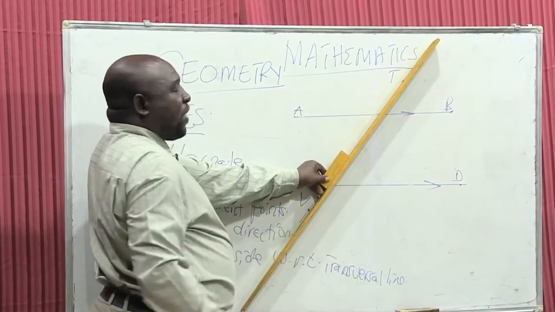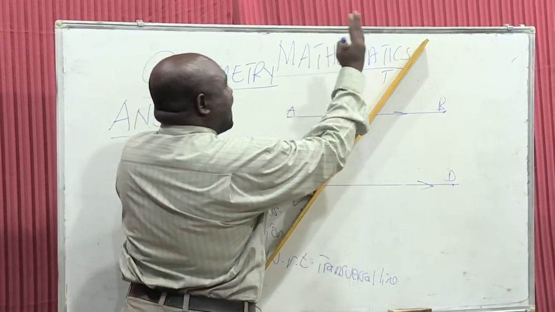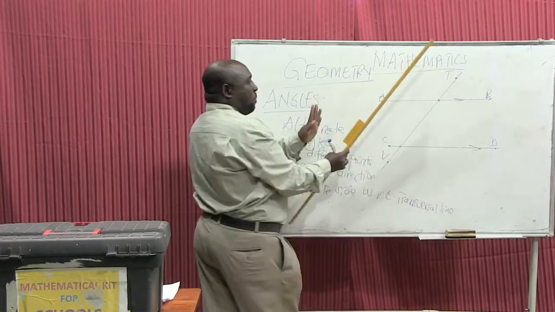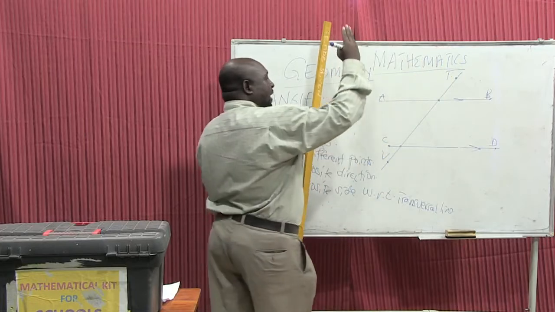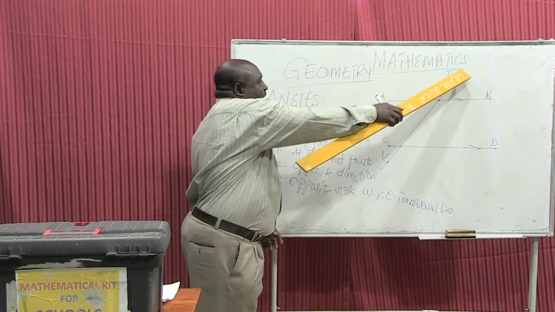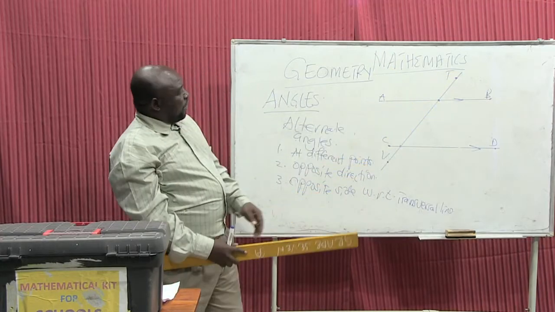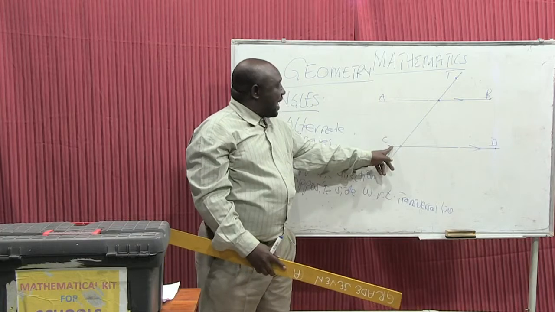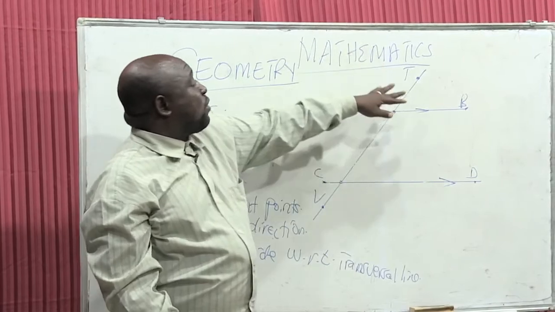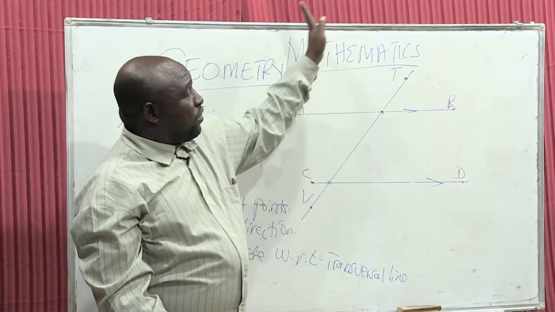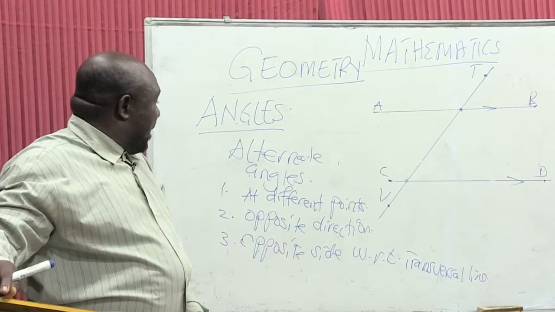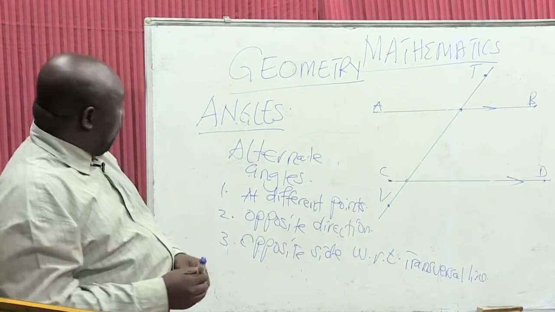So one angle is on that side, another is on this particular side. So opposite sides, one to the left, another to the right, with respect to this TV line. For example, if an angle is on this side, it will alternate with another angle at that particular point, which is on that particular side. So we are going to see the pairs of alternate angles.